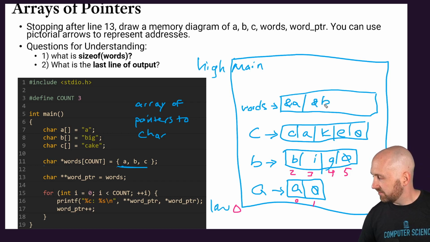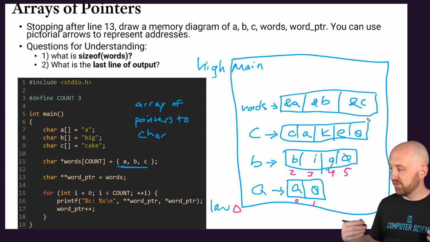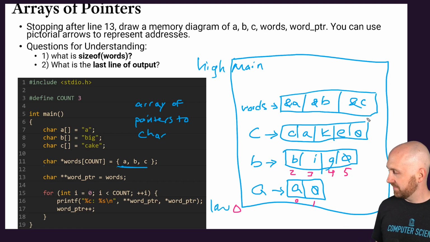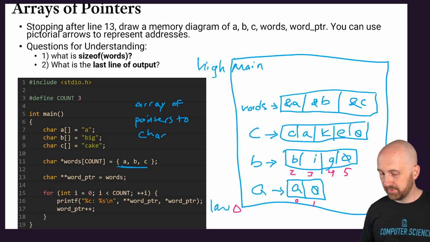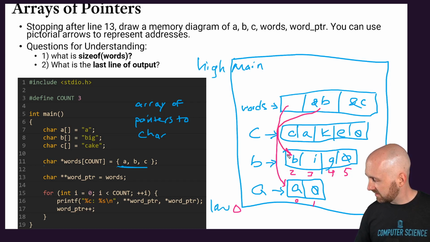Similarly, address of B and address of C, right? So words is an array of pointers to chars, right? If we wanted to replace these with arrows, I could have this pointing to the very first element of A, this pointing to the very first element of B, and this pointing to the very first element of C, right?